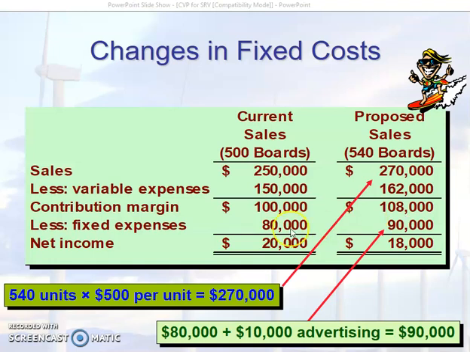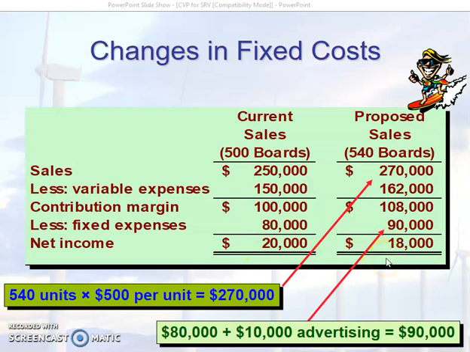That's a good thing. But look what happened to our expenses, our fixed expenses specifically. We went from 80,000 in fixed expenses, which is the number we've been dealing with all along, to now 90,000 in fixed expenses because we increased the advertising budget. Our net income went down from 20,000 to 18,000.